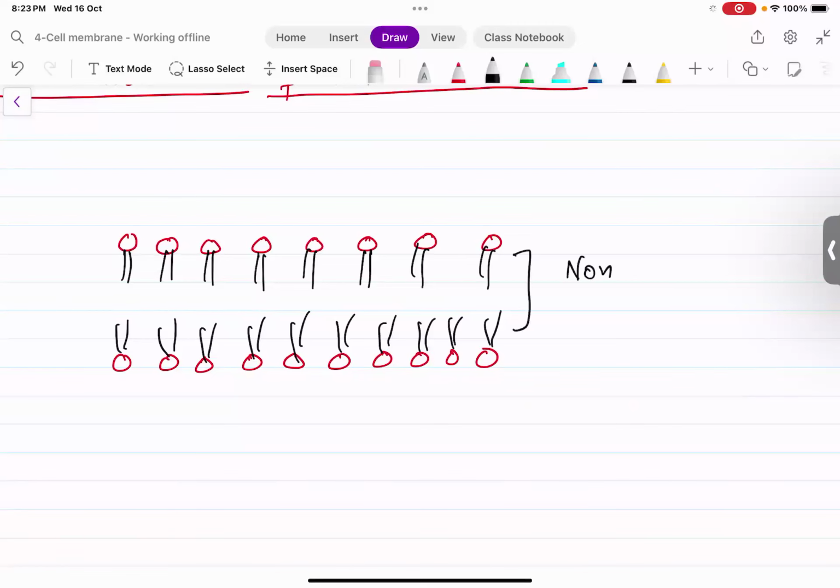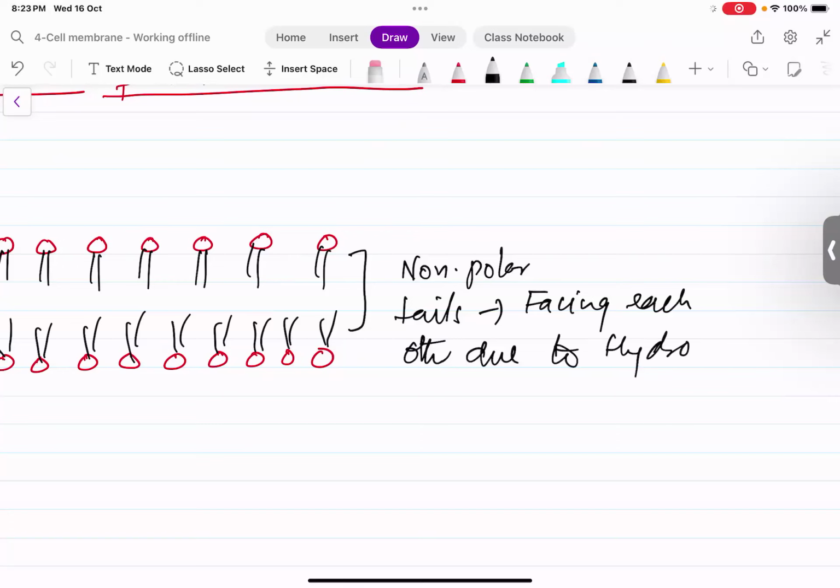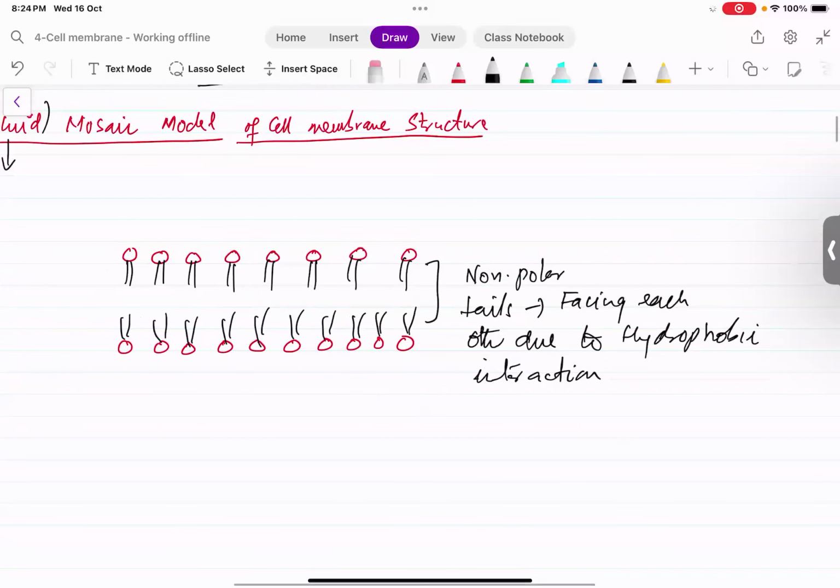Whereas the polar heads are facing outwards in a phospholipid bilayer, as there is tissue fluid on the outside and cytoplasm on the inside.